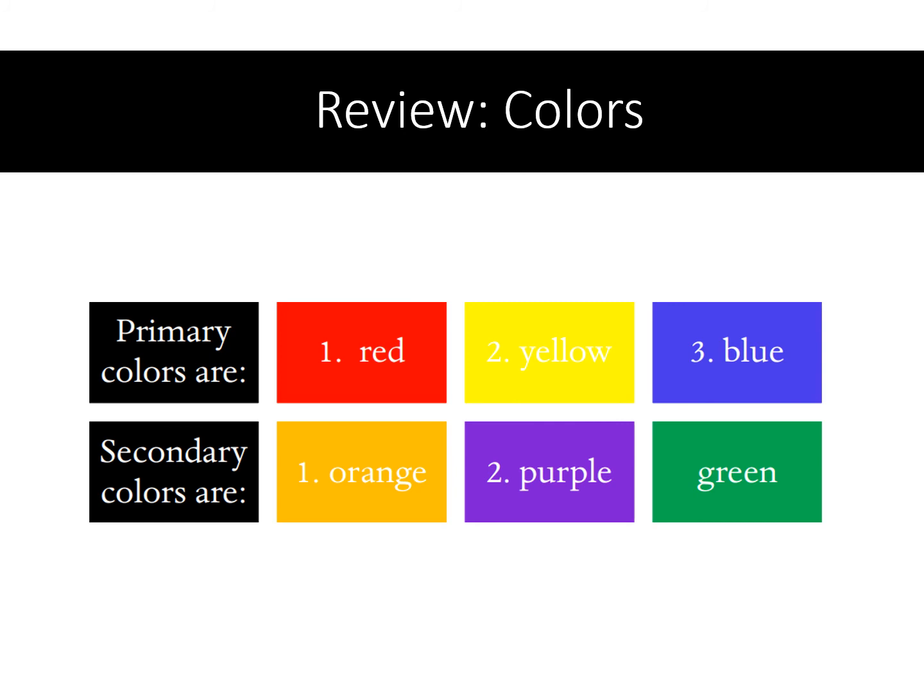Now we have the secondary colors, orange, purple, and green. One more time, orange, purple, repeat after me, and green. So primary colors are red, yellow, and blue, and secondary colors are orange, purple, and green.